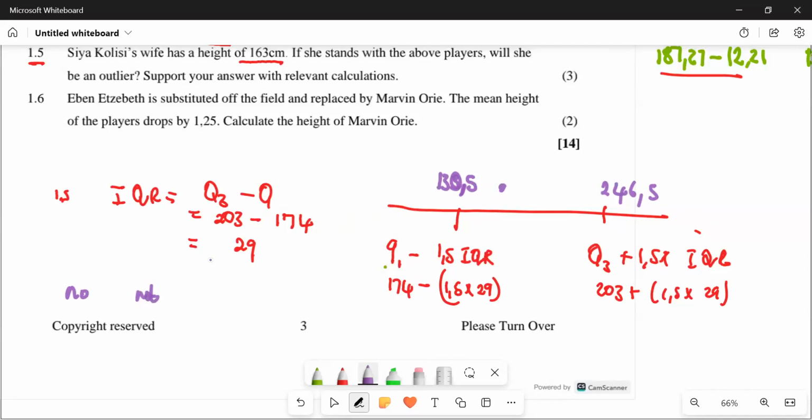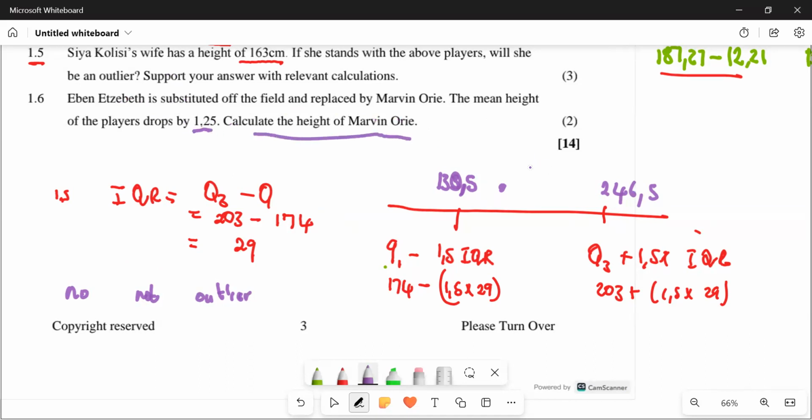The wife of Siakolis. Okay. Eben is substituted off the field and replaced by Marvin. The mean height of the players drops by 1.25.